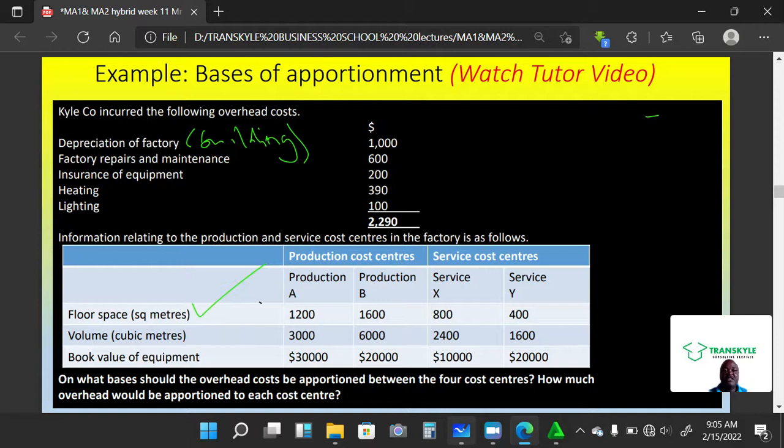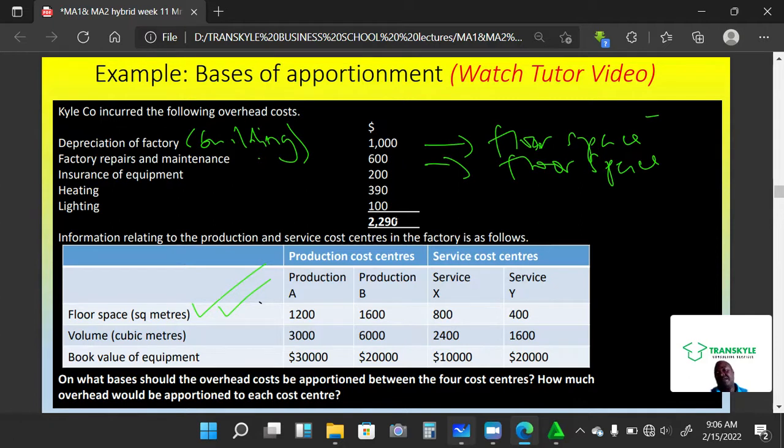For factory repairs, I think again this should also be floor space. Why am I saying the floor space? Whether it is building or equipment doesn't matter.